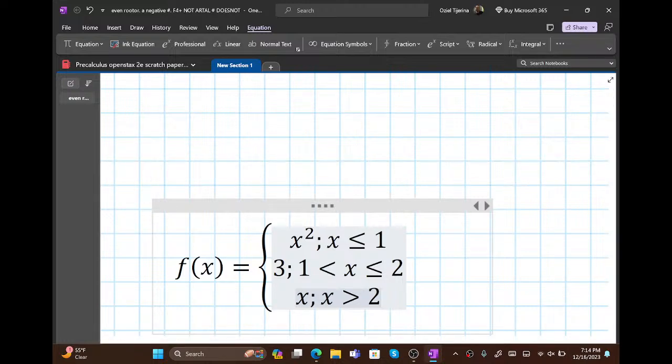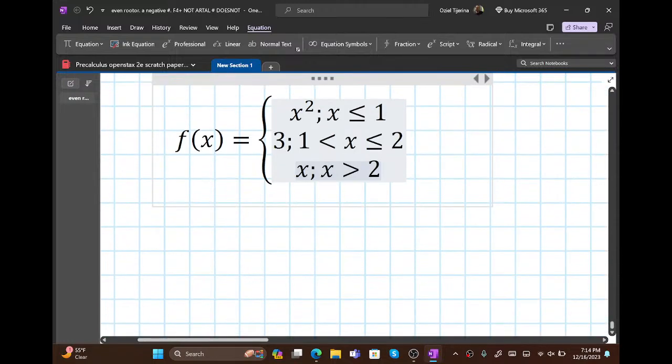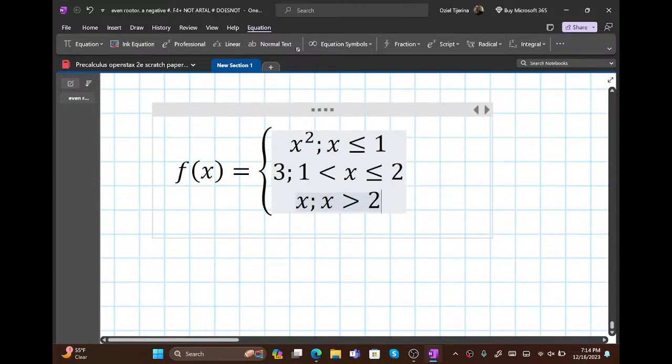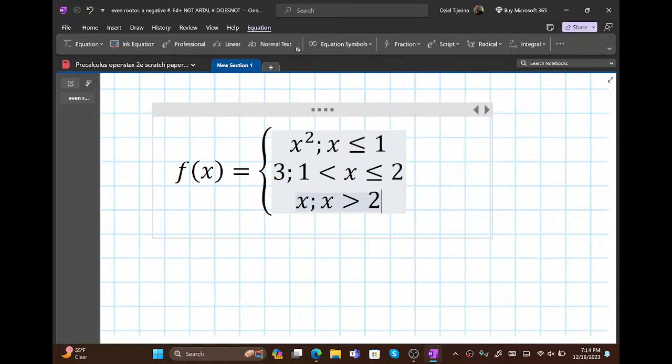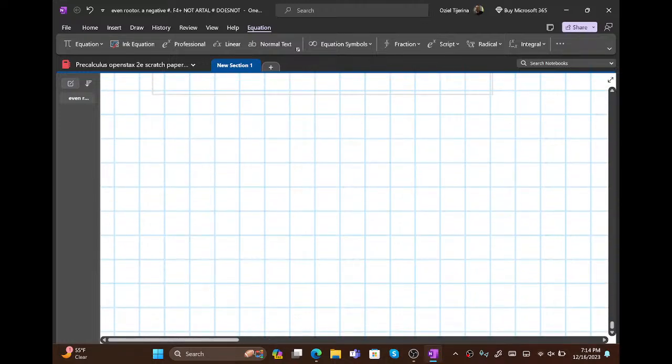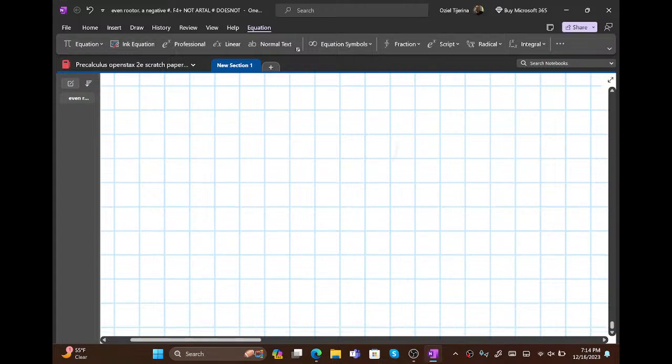Alright, this is the last one we're gonna do, guys. At long last. So let me think about this. I'm gonna go from -5 to 5 on the x and y axis.